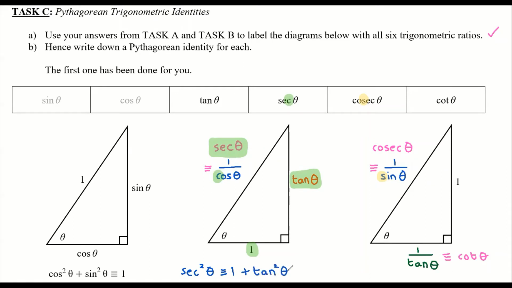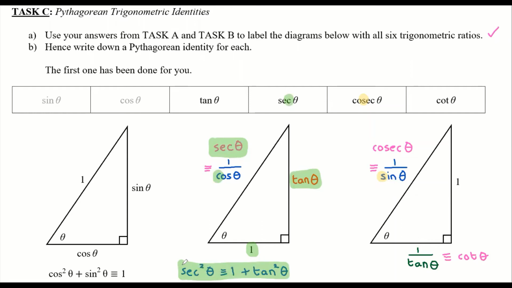Okay, so we now have a brand new Pythagorean identity. All right, which is really nice. So we have sec squared theta is identical to 1 added to tan squared theta. So this is new stuff.